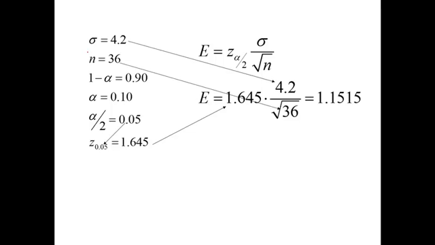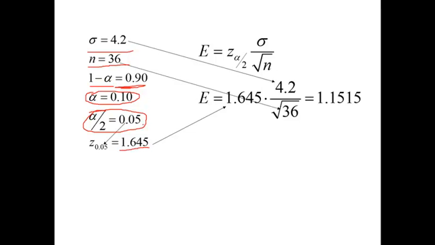My sigma is 4.2, my sample size 36, my confidence level 90%, which I write as 0.9. This gives me alpha equal to 0.10, alpha over 2 equal to 0.05. I do a table lookup to get my z sub alpha over 2, go to my t-table, 1.645.